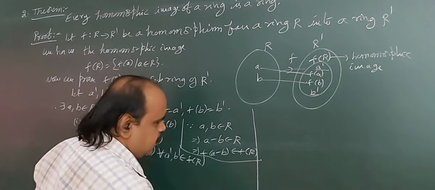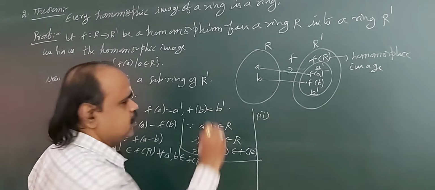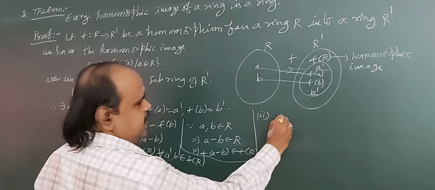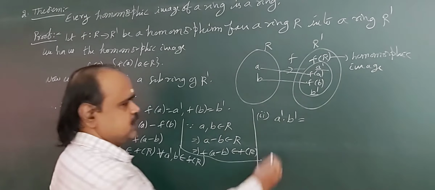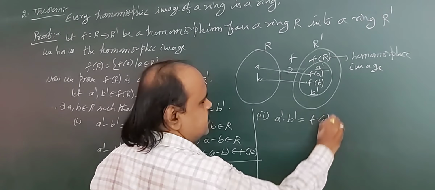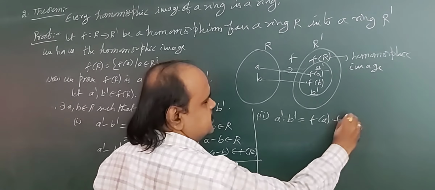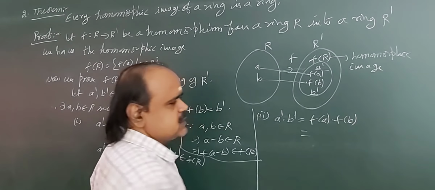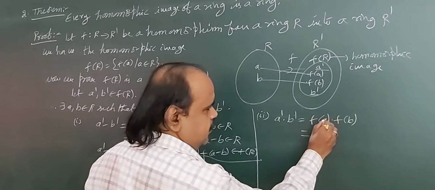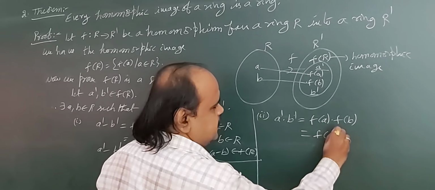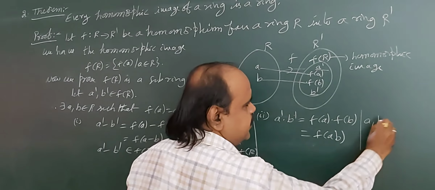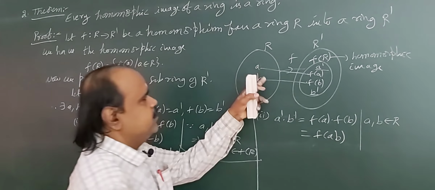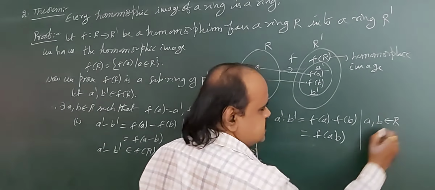Come to the second one. a dash into b dash, where a dash means f of a and b dash means f of b. Since f is a homomorphism, f of a dot f of b equals f of ab. Again we have ab in capital R, since capital R is a ring.